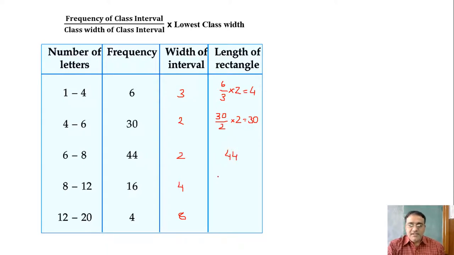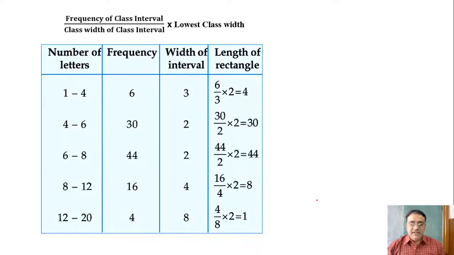Okay, now this one is 16 upon 4, 8, into 2. Right, 8. Good, very good. We are getting 8. Now this one, 4 upon 8 into 2. 1. So the last adjusted frequency is 1. Okay, so we are getting this one.